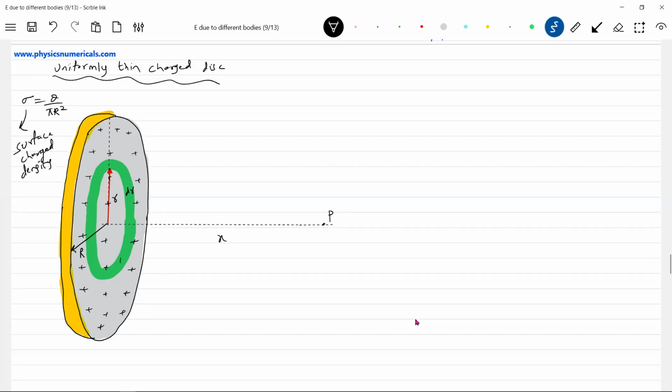Then how much charge is present on the ring? dq charge. Total charge on the disk, let it be capital Q. Elemental ring it is, this is a disk.